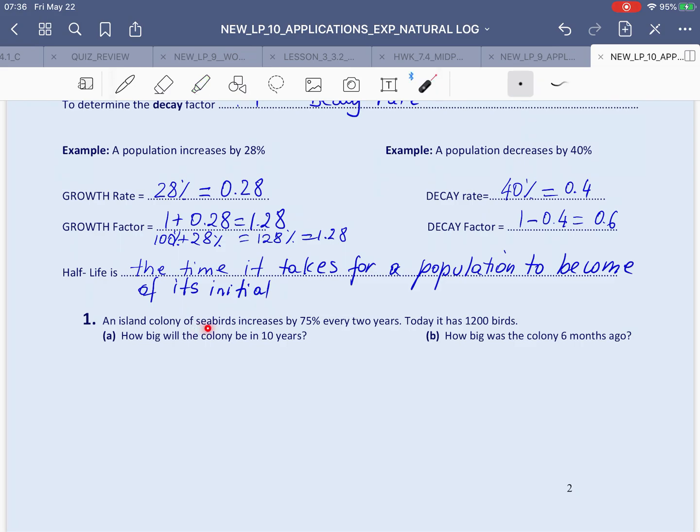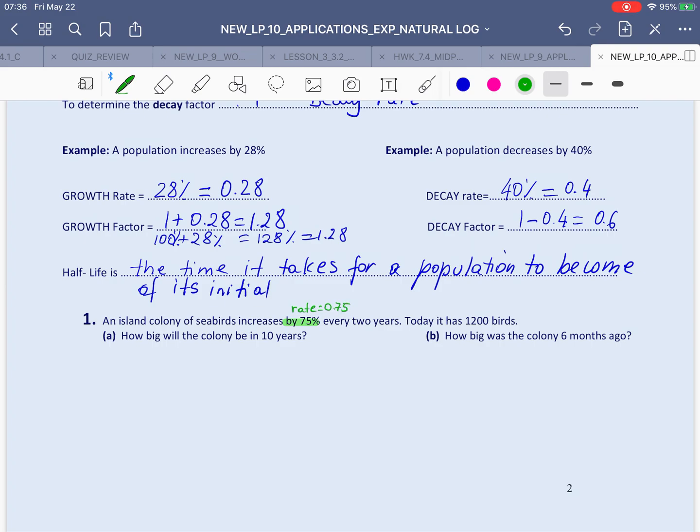And I'm going to read the question one more time, more carefully, so that I can identify what I'm given. So an island colony of seabirds increases by 75%. So this number right here, an increase by 75%, will tell me one thing, that we have exponential growth. And what we are given in here is the growth rate.